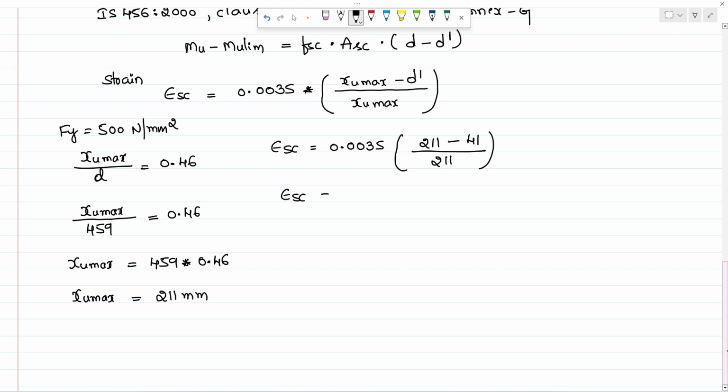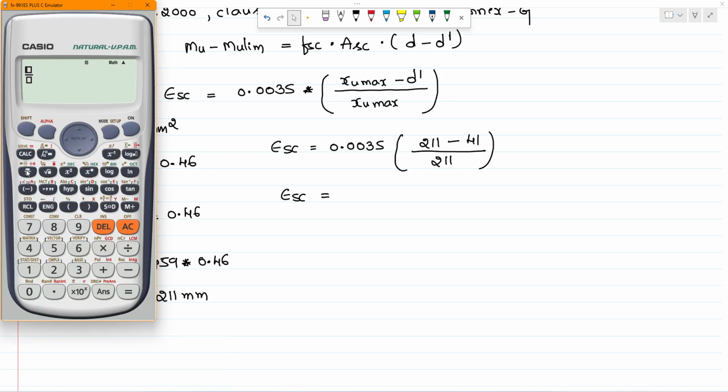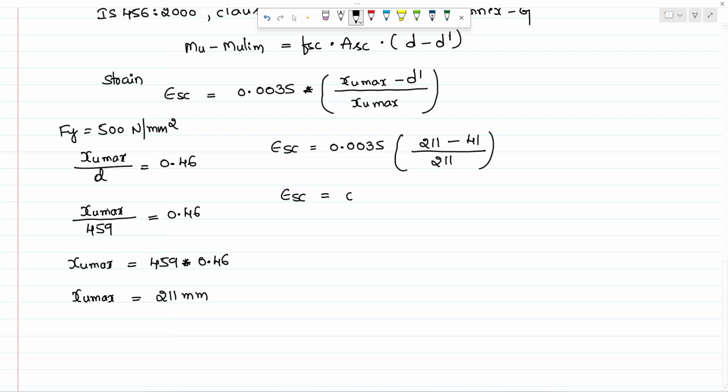So strain epsilon SC equals 211 minus 41 divided by 211 multiplied by 0.0035, which is 0.00281. So this is your strain.